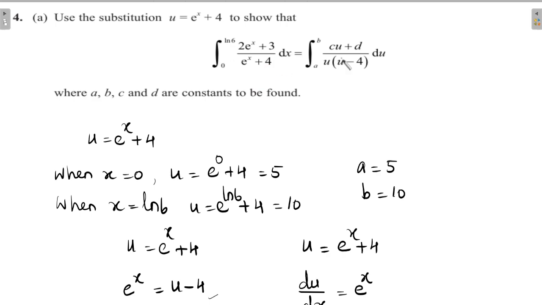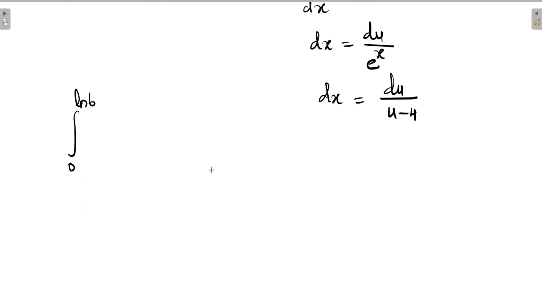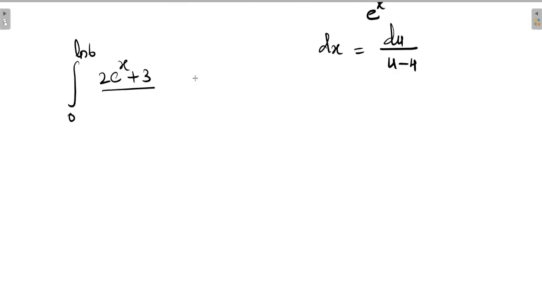Everything we can substitute in the first expression. So the limit 0 to ln 6, 2 e power x plus 3 divided by e power x plus 4 into dx, which is equal to the integral.